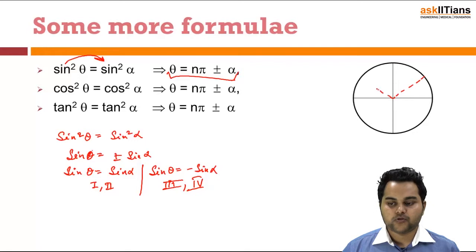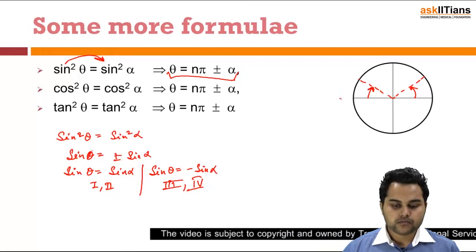The positive ones would be 2n pi plus alpha and (2n plus 1) pi minus alpha, that is, even multiples of pi plus alpha and odd multiples of pi minus alpha.